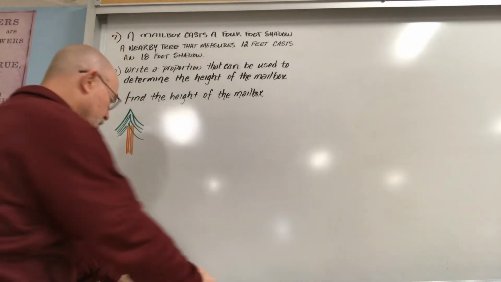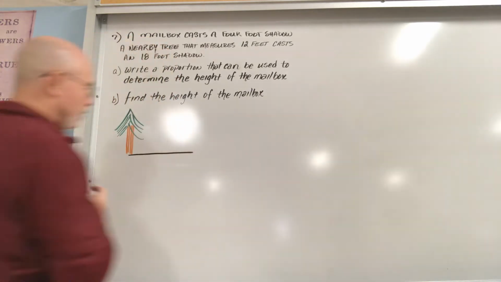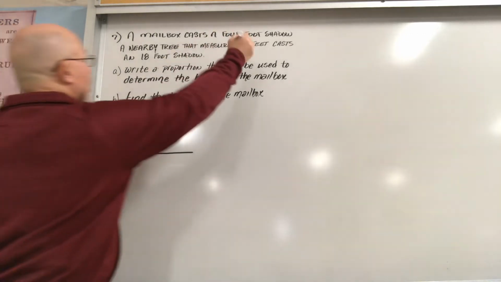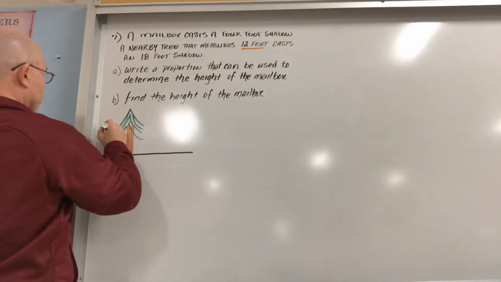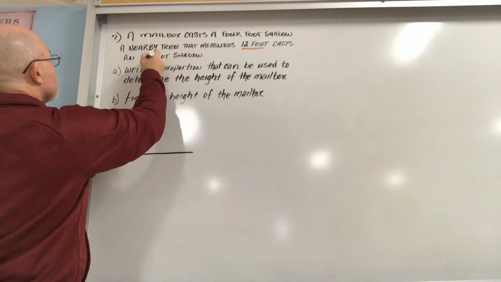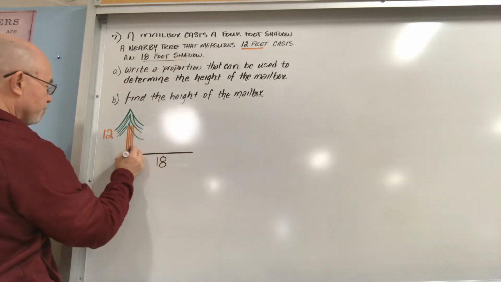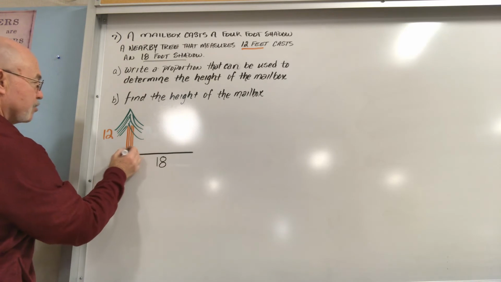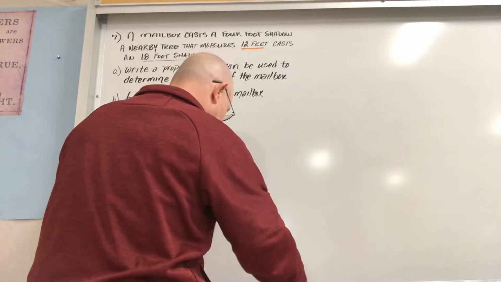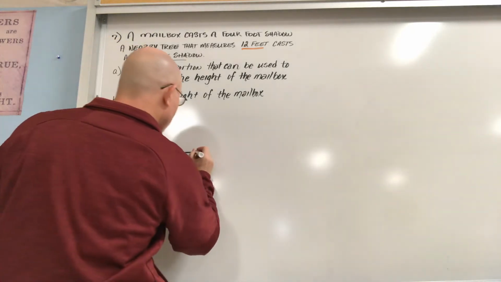No, I'm not an artist. We know that's a right angle, even though the tree may be leaning. Now, we have a mailbox, and it's got a 4-foot shadow.